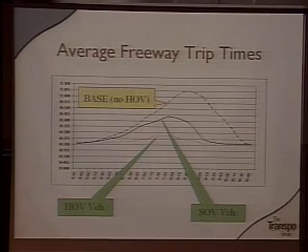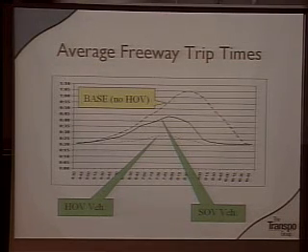So on top you have the average freeway trip times before the introduction of the HOV lane, and the 2 curves at the bottom are showing the performance after the introduction of the HOV lane.